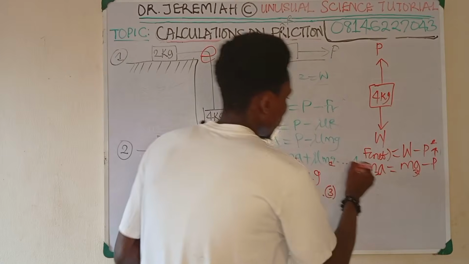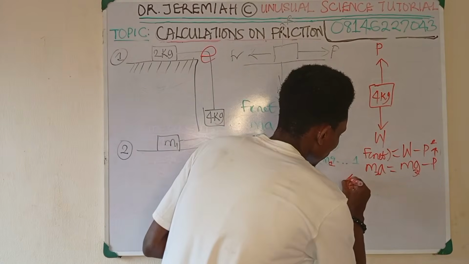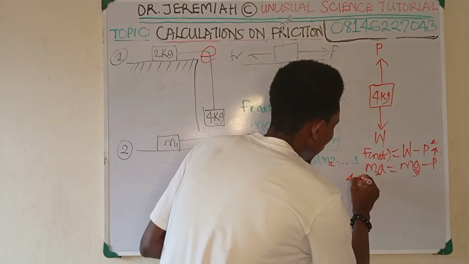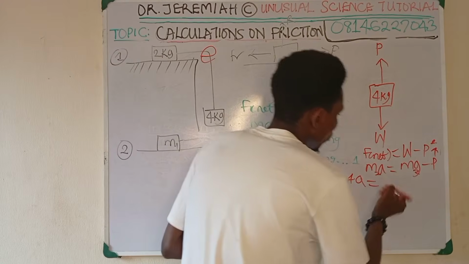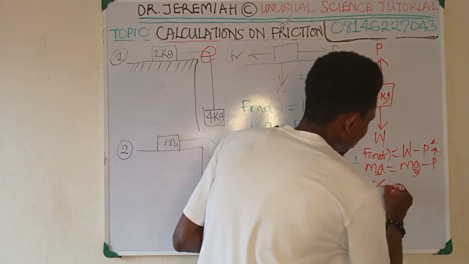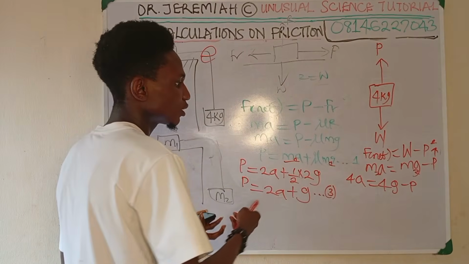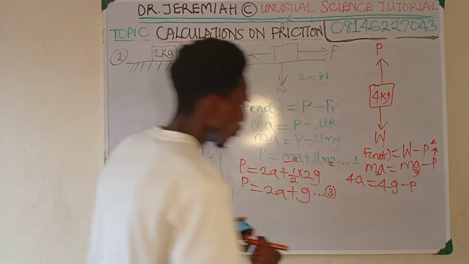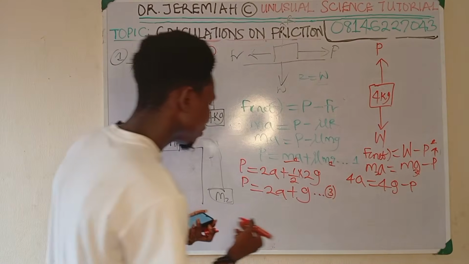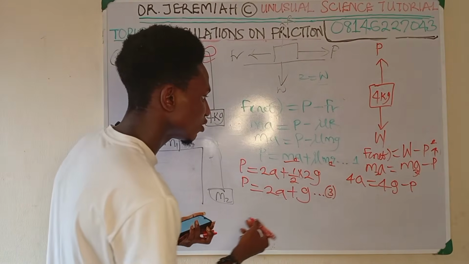Now for this body, we know the second mass is 4, so I'm going to do 4a equal to 4g minus P. We wanted it to form a simultaneous equation. That's going to be equation 4. Or let's simplify this further and put it in this form.